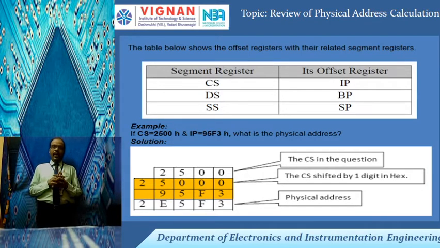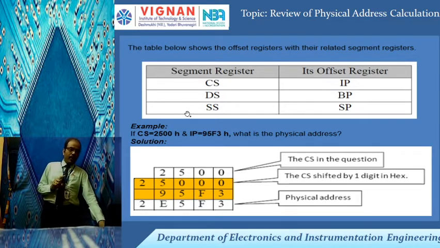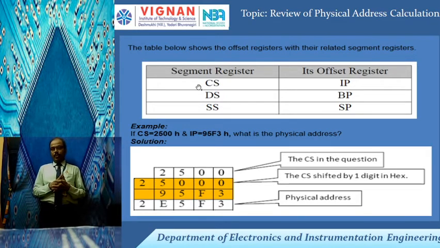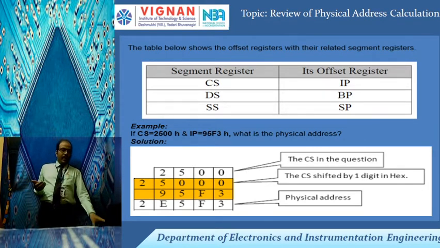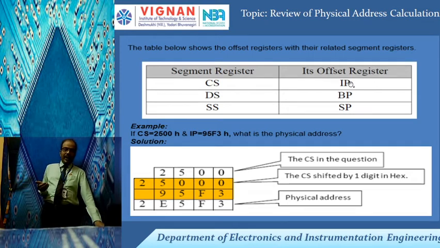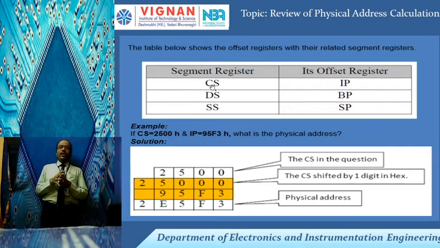Generally there is an association between the pointers and segment registers. The instruction pointer is always associated with the code segment. What is code? Code is nothing but programs. What is a program? It is a group of instructions. So the instruction pointer contains the offset address in the code segment, where the segment address is given by the CS register.